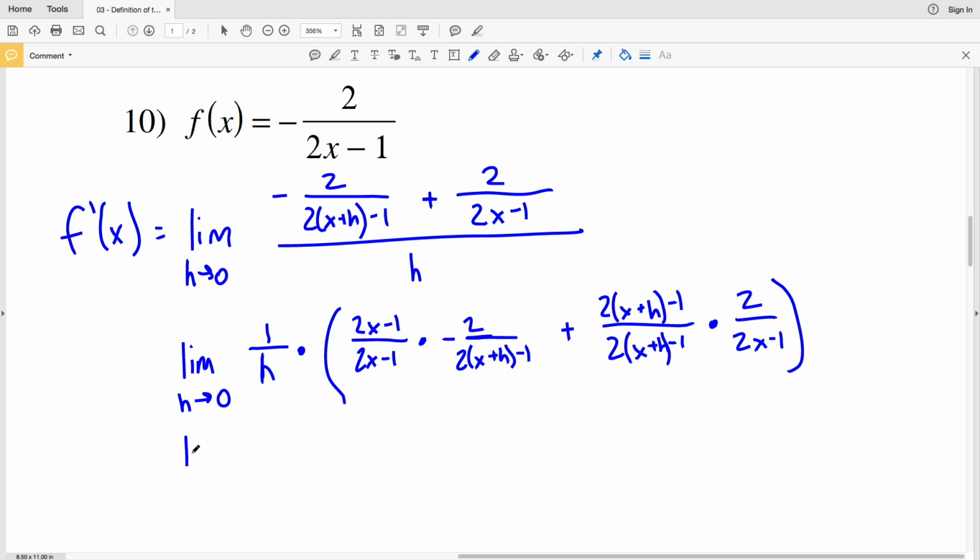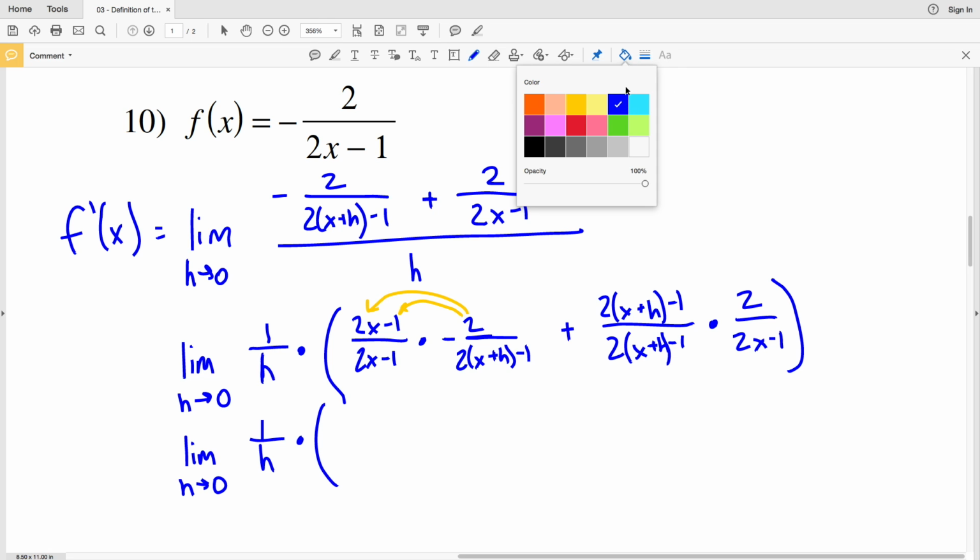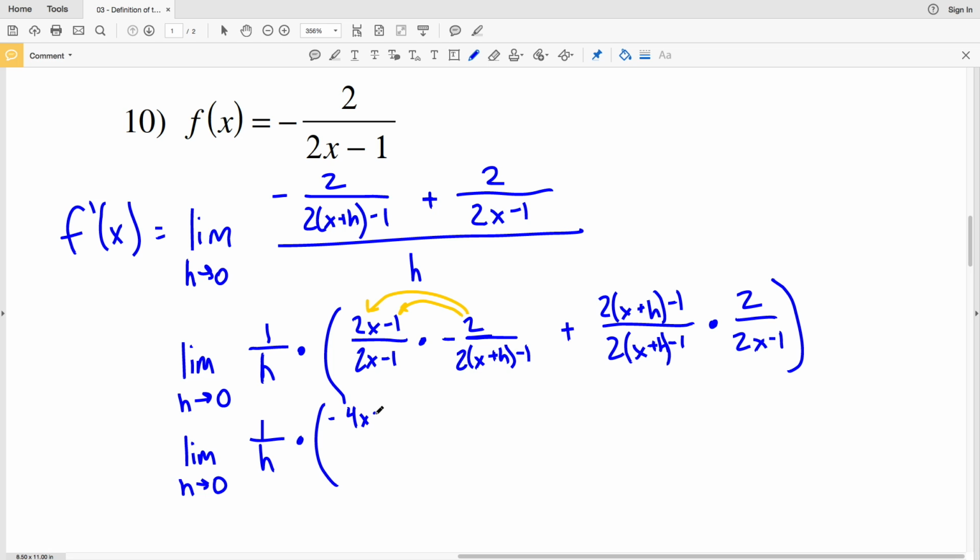Now I'm going to simplify. So I'll have the limit as h approaches 0 of 1 over h times, I'm going to distribute this negative 2 to 2x and to 1. So that's going to be negative 4x plus 2, and then I'm going to be adding that to 2 times 2 times x plus h, and 2 times 1.